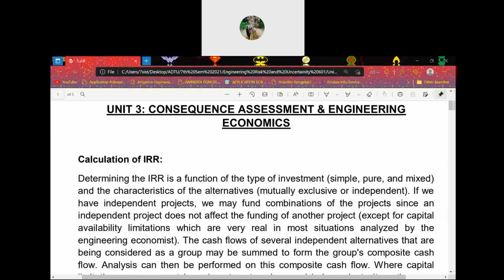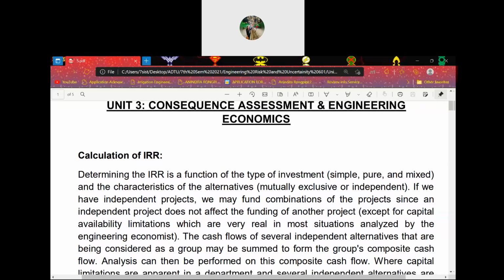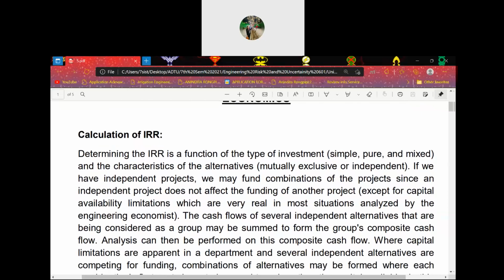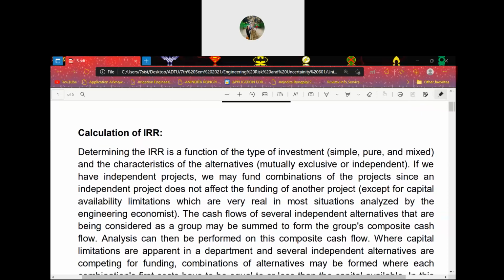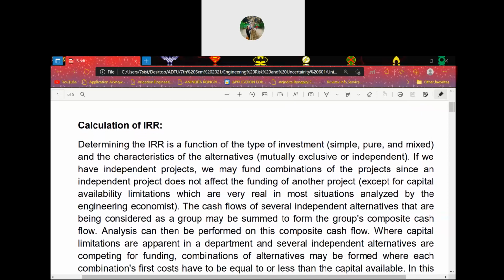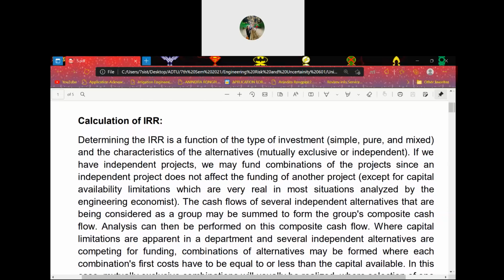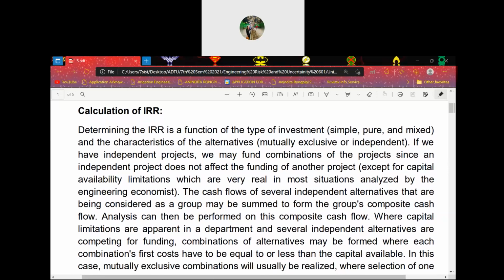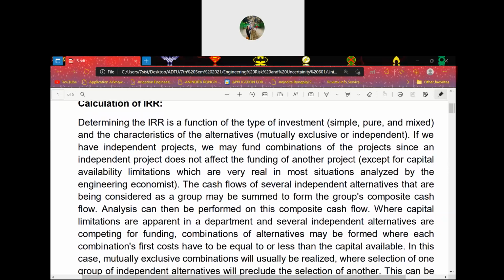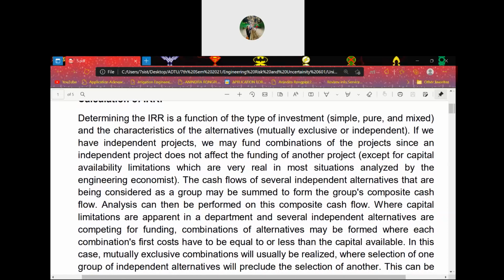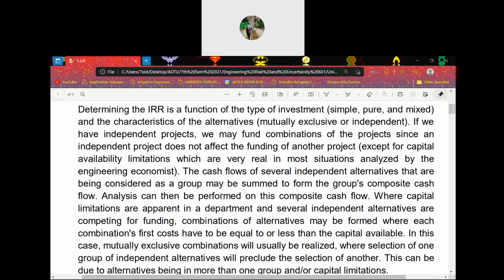Analysis can then be performed on this composite cash flow, where capital limitations are apparent in a department and several independent alternatives are competing with each other for funding. Combinations of alternatives may be formed where each combination's first costs have to be equal to or less than the capital available. In this case, mutually exclusive combinations will usually be realized, where selection of one group of independent alternatives will preclude the selection of another.